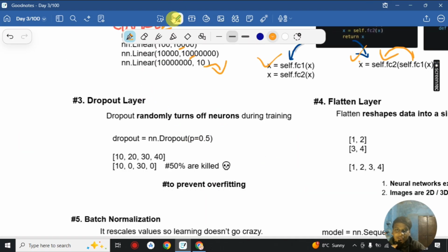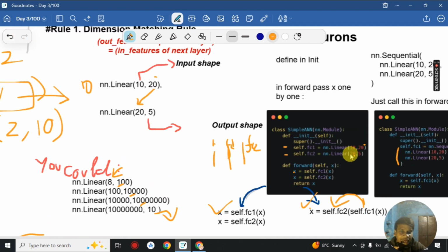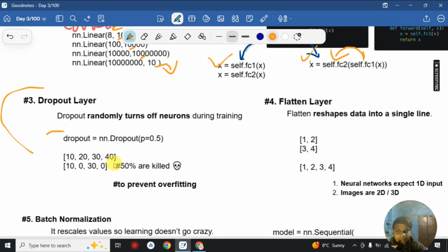Okay, now we move on to our next layer, which is the dropout layer. This basically randomly turns off neurons during training. Like if here in between we had added a dropout layer, it would basically be killing values.